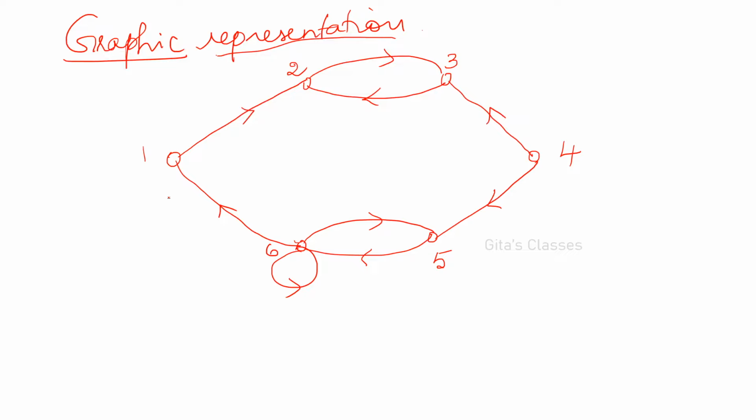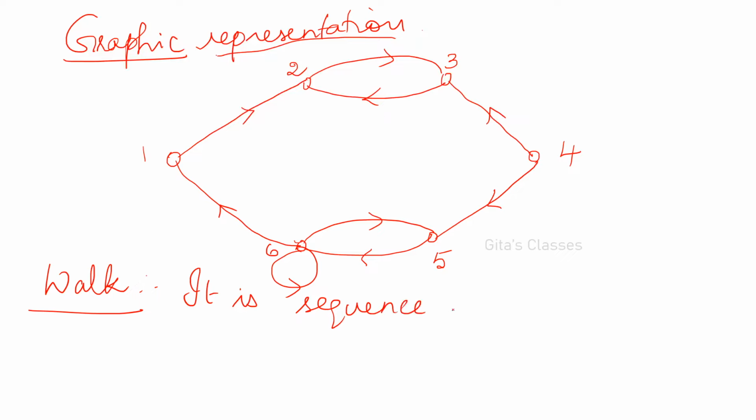So consider this, we are going to define a walk. A walk is just a sequence of nodes. Here nodes means states: 1 is a state, 2 is a state, 3 is a state. So there are 6 states in that. Vertices are nodes, they represent the states.